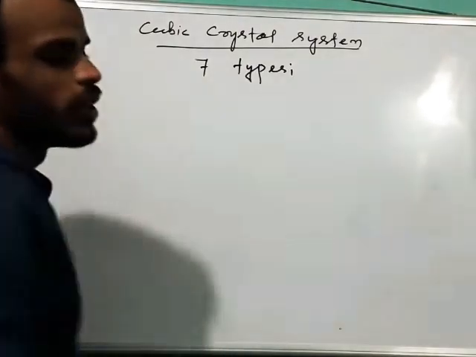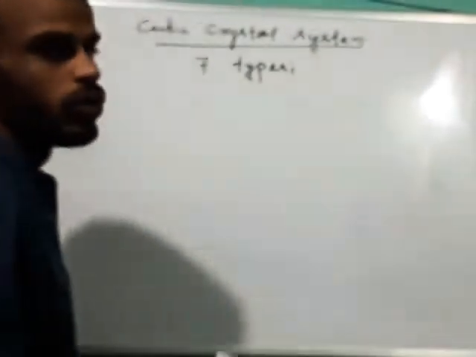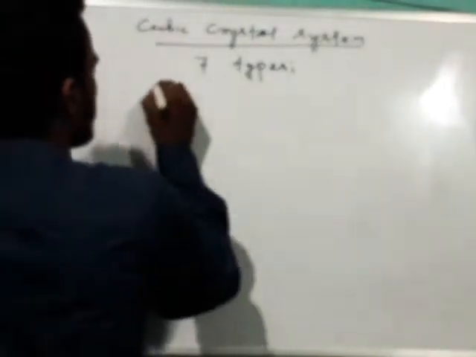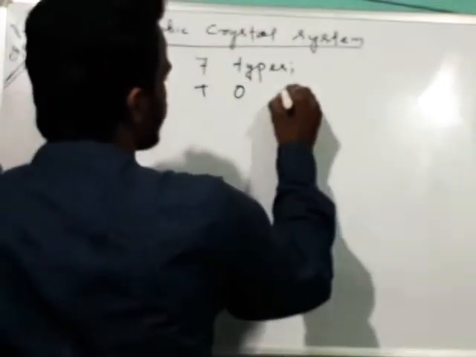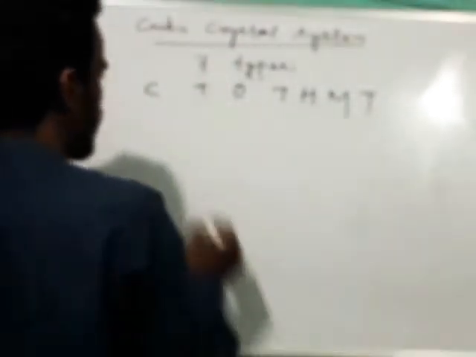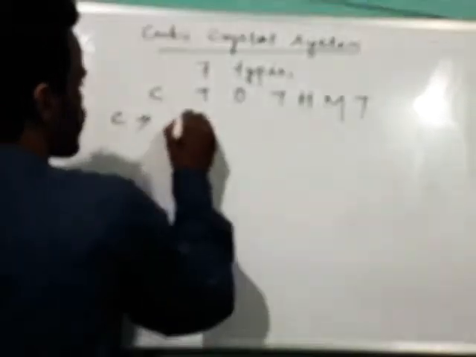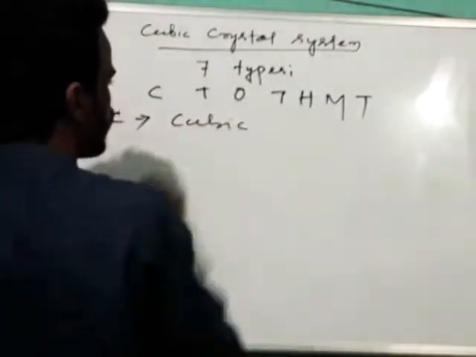You will remember these 7 types of crystal systems in a few seconds by some tricks. The trick is C, T, O, T, H, M and T. What does C stand for? C stands for cubic.